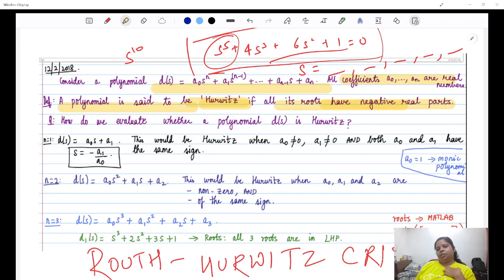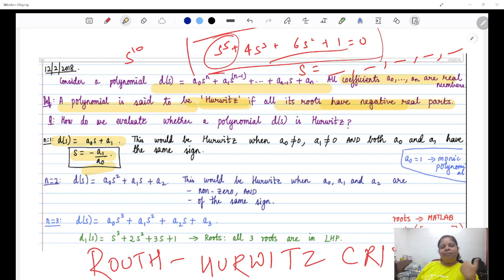How do we ensure that all the roots have negative real parts? Let's say I give you a first order polynomial, a0 s plus a1. You'll write s is equal to minus a1 upon a0.